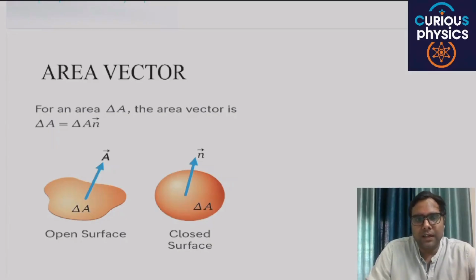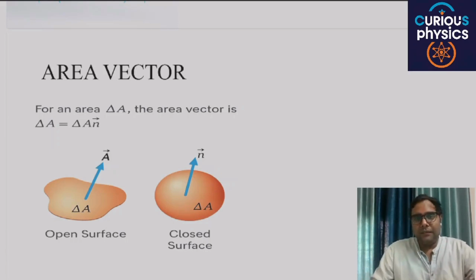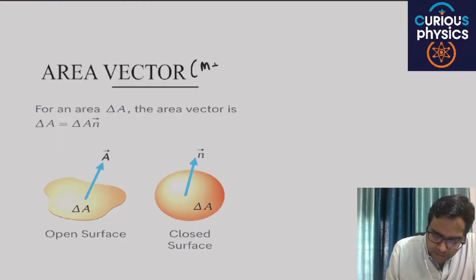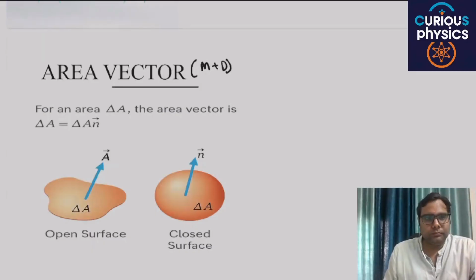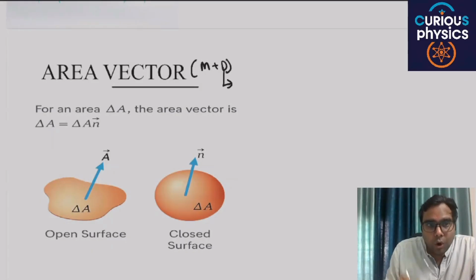But in physics, to understand many concepts, the area is considered a vector quantity, which means it has magnitude as well as direction. The direction is always perpendicular to the surface.